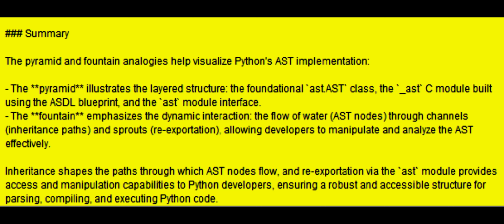The fountain emphasizes the dynamic interaction, the flow of water, AST nodes, through channels, inheritance paths, and sprouts, re-exportation, allowing developers to manipulate and analyze the AST effectively. Inheritance shapes the paths through which AST nodes flow, and re-exportation via the ast module provides access and manipulation capabilities to Python developers, ensuring a robust and accessible structure for parsing, compiling, and executing Python code.